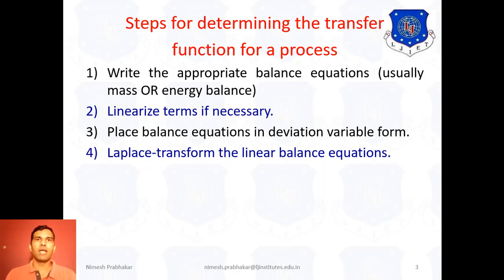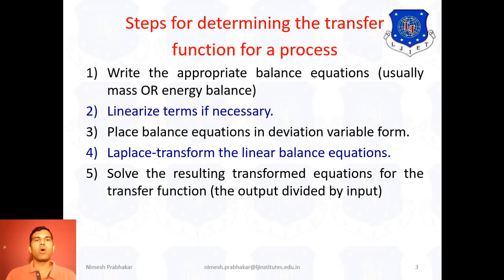Then the last step is to solve the resulting transform equation for the transfer function, that means find the output upon input in the form of the Laplace transform. So these are the basic steps for determining the transfer function of any process.